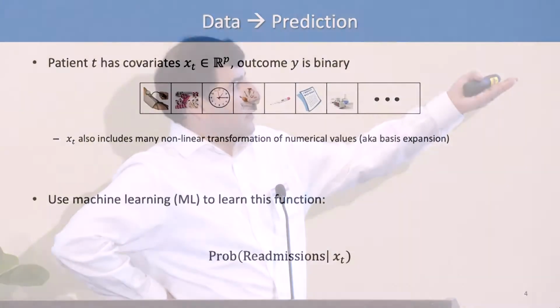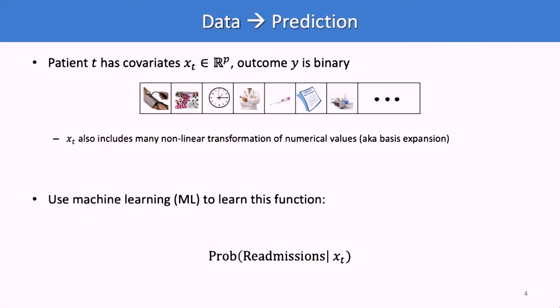Now, the ML approach, which I'm not going to go through in detail, but there have been a lot of papers and solutions by companies, says: let's take a patient, look at all the electronic medical records or other potential information you have about these patients. A patient is a very large vector of all these features, and you use ML to look at past data to predict the probability of readmission given these features.